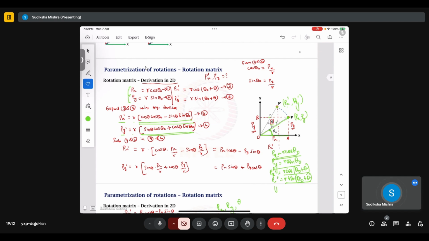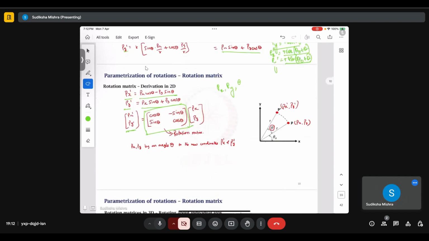If you substitute that into these two equations, you get Px dash as Px cos theta minus Py sin theta, and Py dash as Px sin theta plus Py cos theta.